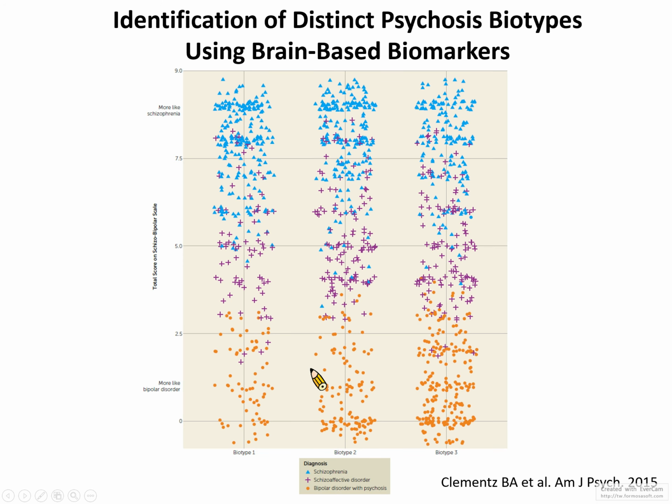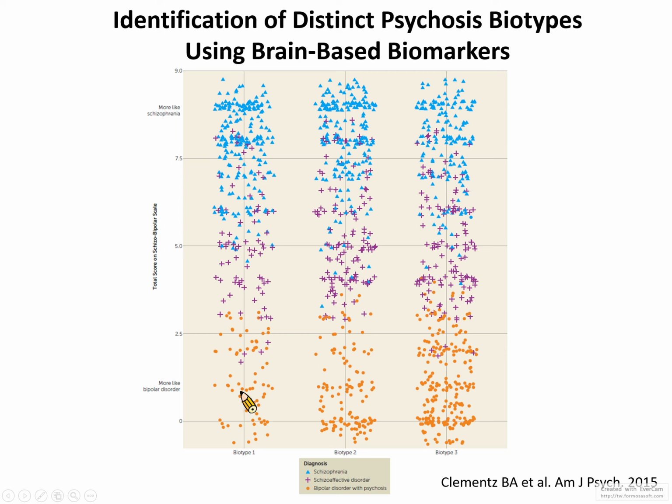Okay. So for example, here I want to show you one classical study that tries to divide psychotic patients into different subtypes. In psychosis, we usually have a diagnosis of schizophrenia, schizoaffective disorder, or bipolar disorder with psychosis. The difference between these groups is that schizophrenia has more profound cognitive decline and profound delusions and hallucinations.